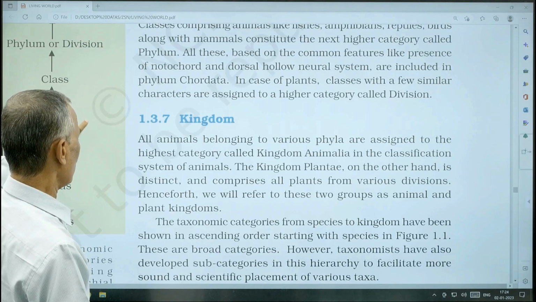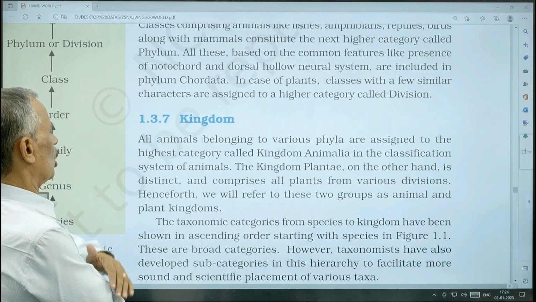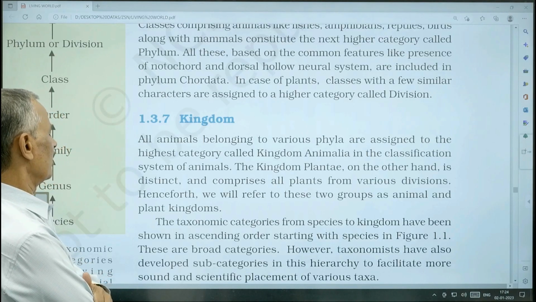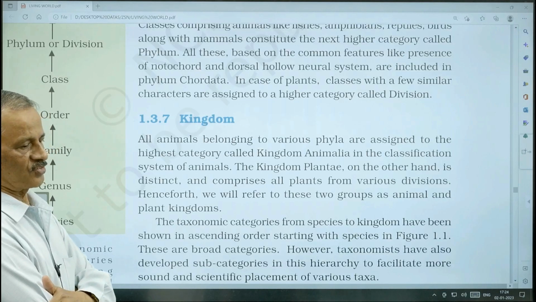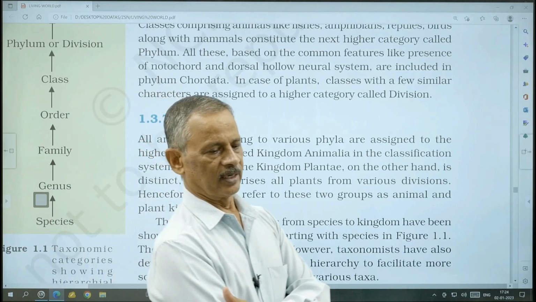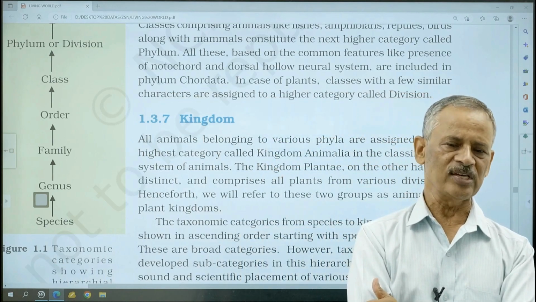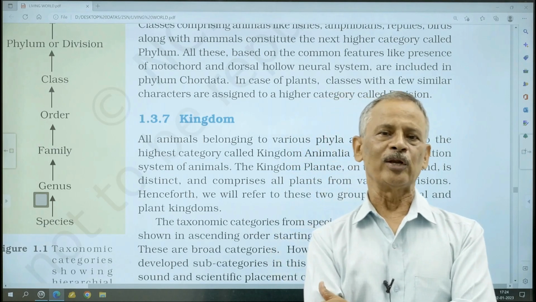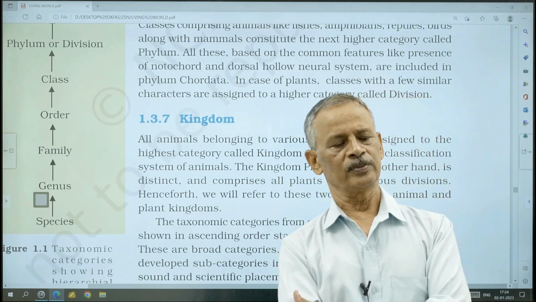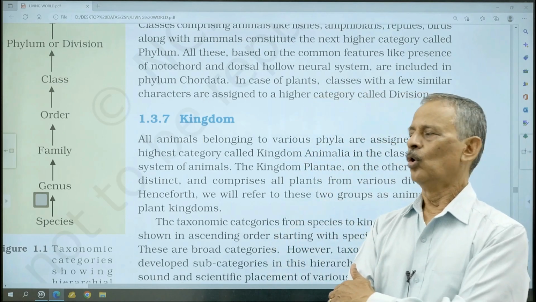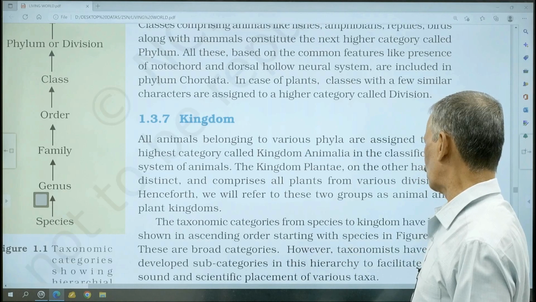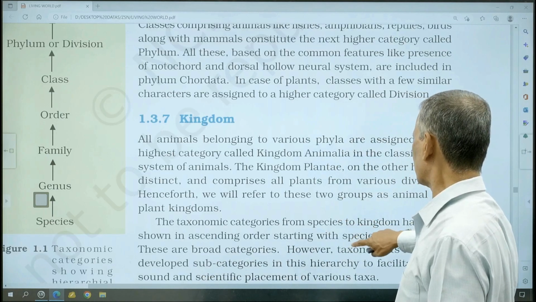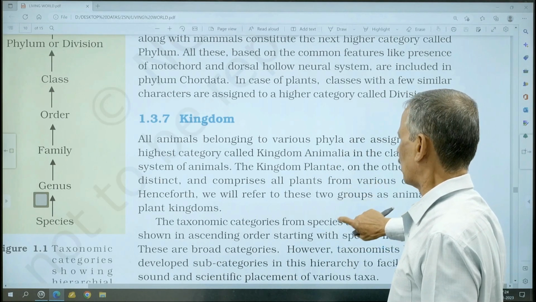They developed such subcategories to facilitate more accurate scientific placement of various taxa. Because our studies are improving, we are gaining more and more information, and to accommodate all organisms based on this information, and also to include all newly discovered organisms, we are now using subcategories that facilitate more sound, correct, and scientific placement of different taxa. Is that clear?